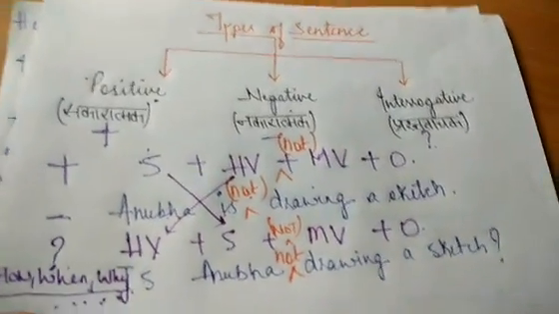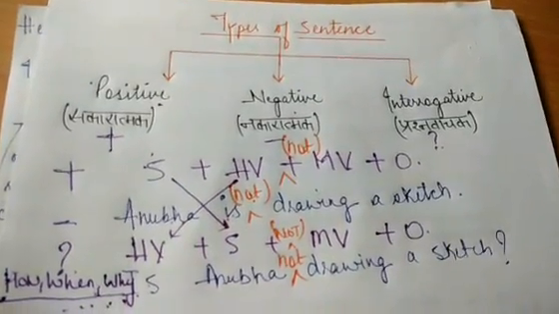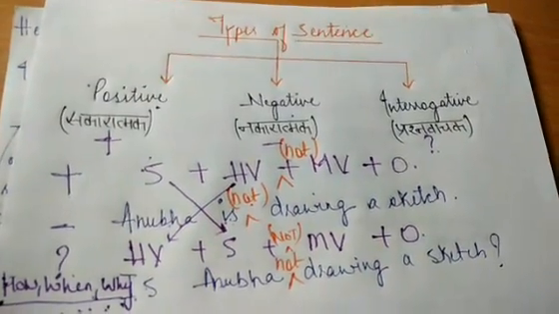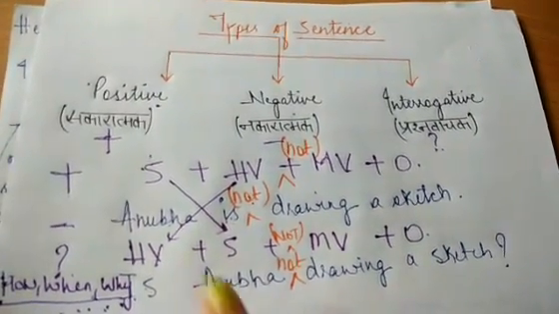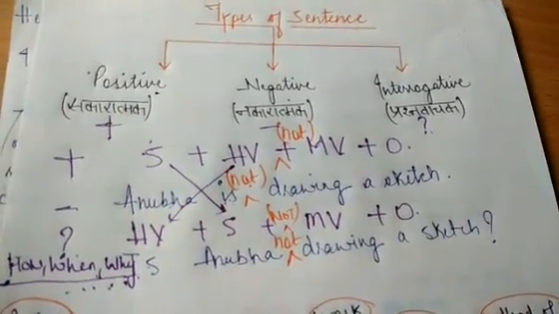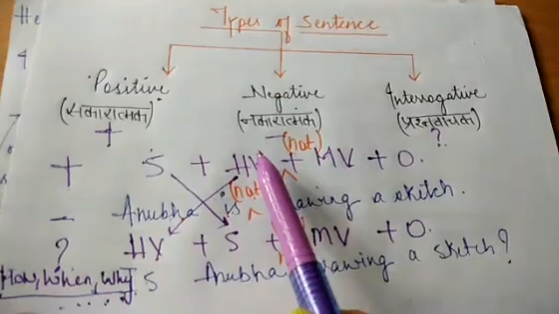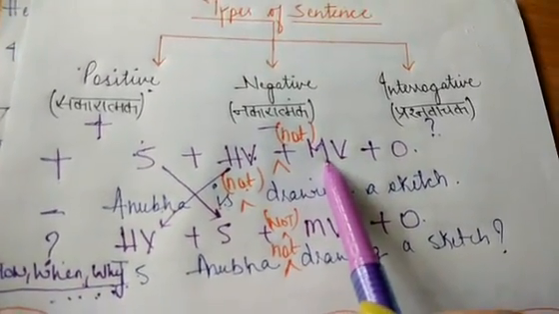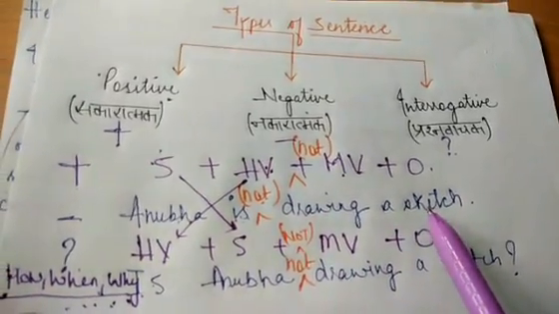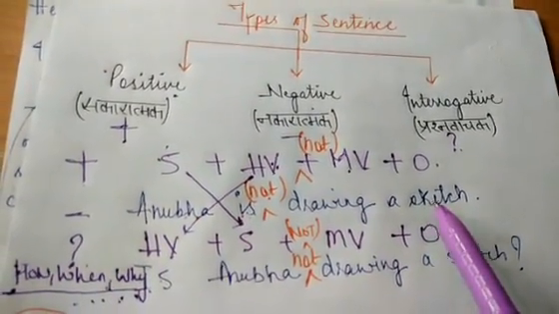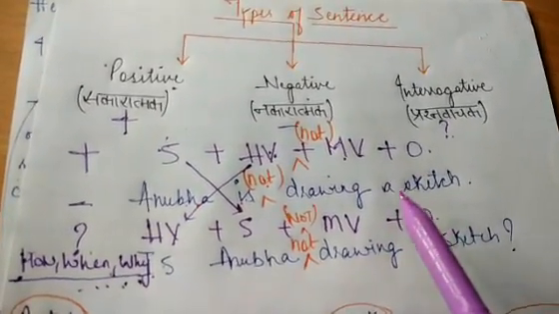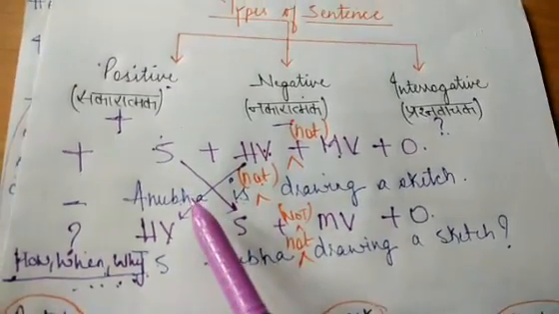So this was the story of the types of sentence. We have got 3 types of sentence: positive, negative, and interrogative. We took an example that Anubha is drawing a sketch. If we convert it into a negative form, we simply add not in between the helping verb and the main verb. So the sentence becomes Anubha is not drawing a sketch. For converting a sentence into interrogative form, you would have observed many people make it interrogative not by changing the words.